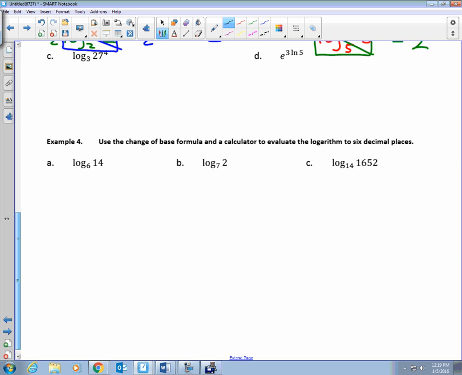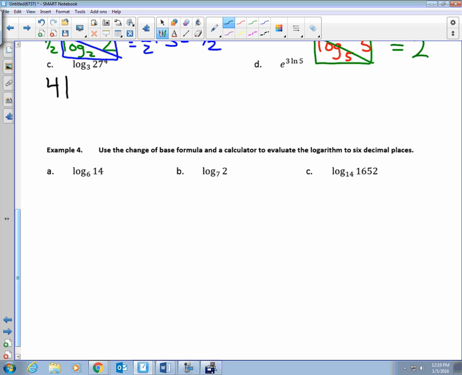Next one, what can I do with 4? 4 times the log base 3 of 27. You write 27 as a base of 3.